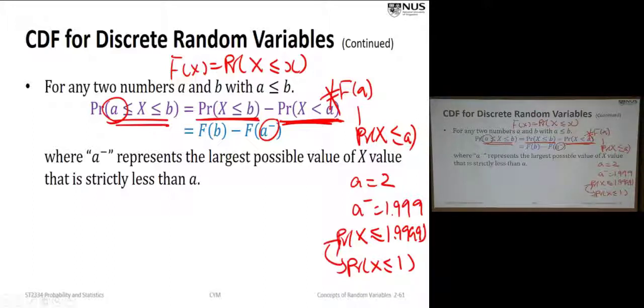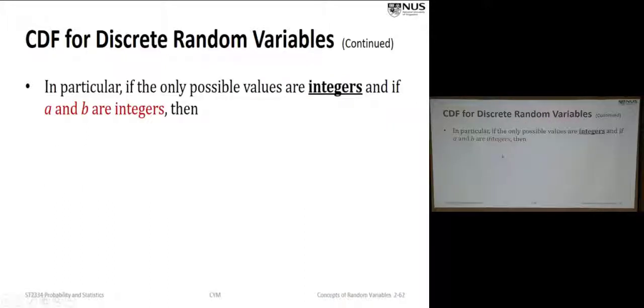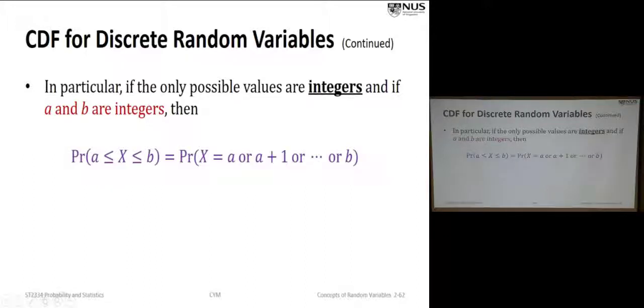For our discrete random variable, they're the same, because for any x values between 1.00001 up to 1.99, they're all 0, no probability there. So it's the same as the probability of x less than or equal to 1. That's for the discrete case. This is how we do it for integer range for the random variable x.